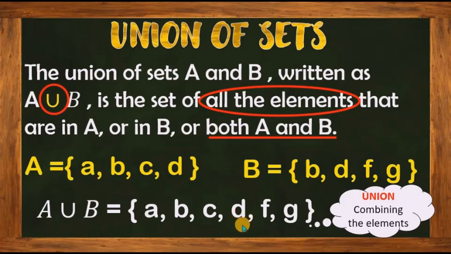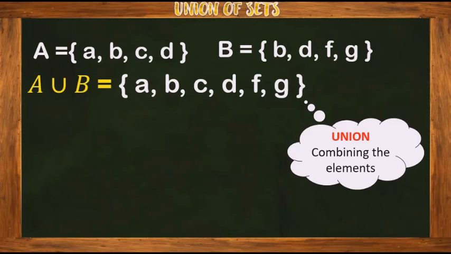So it's only written once. Once it has been written, it cannot be repeated. So remember that when you are combining the elements. So that is the union of sets. Again, when we are referring to union, what we are going to do is just combine all the elements.